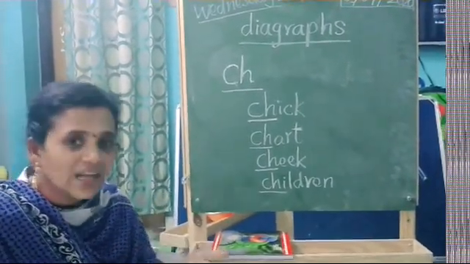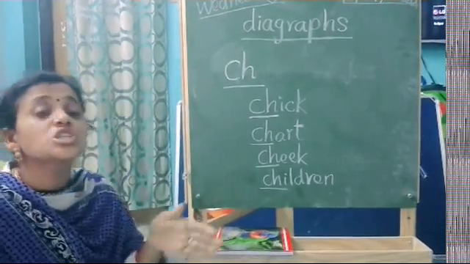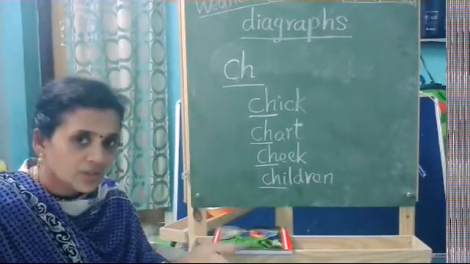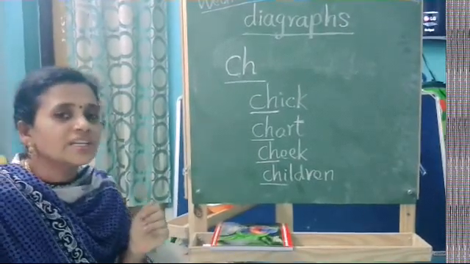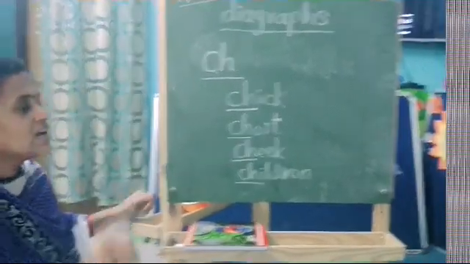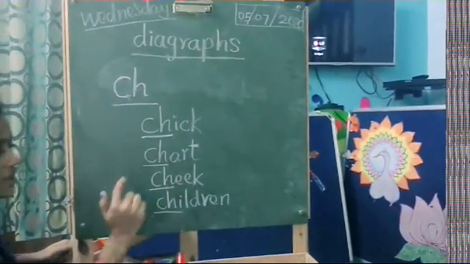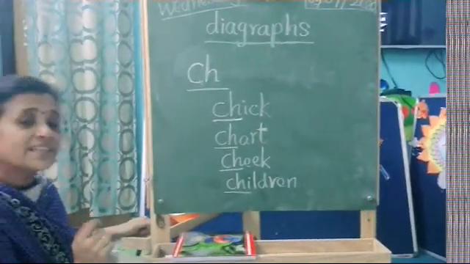Ch, ch, child. Ch, ch, choose. Ch, ch, children. Ch, ch, chop. Okay kids, can you understand? So what are the CH words? Chick, chart, cheek, children. Okay kids, can you understand?